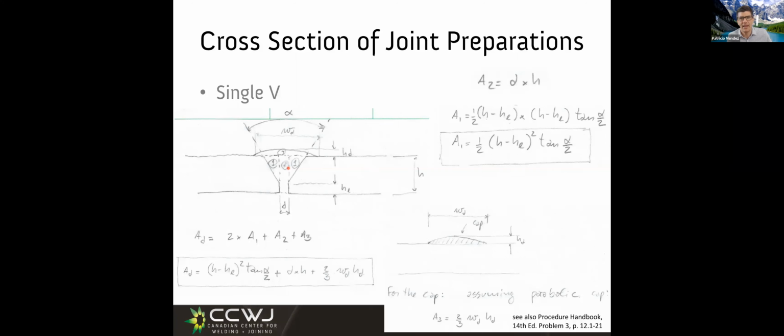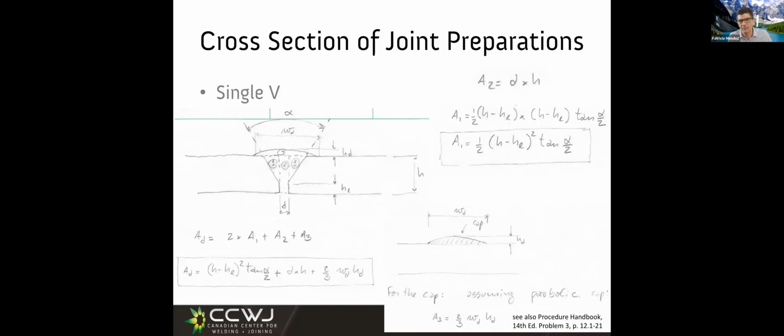So if the groove angle is alpha, this is alpha over 2. That's the bevel. The tangent of that times this side gives us this other side here. So we have h minus hl for one side, h minus hl times tan for the other side.